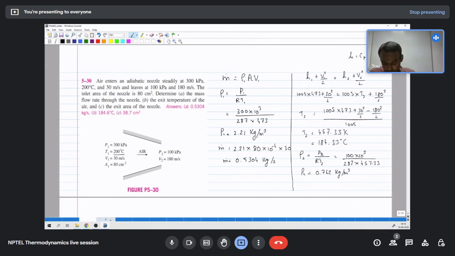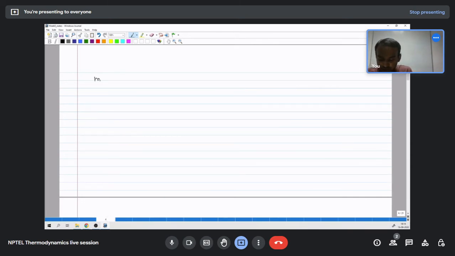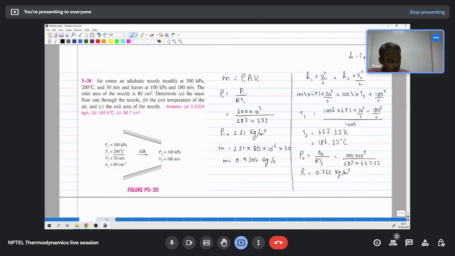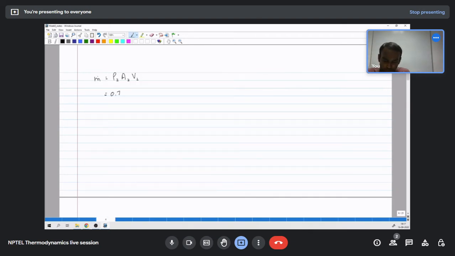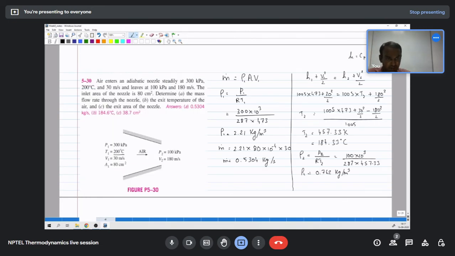So now writing the m dot equation for the exit state. M dot is rho 2 A2 V2. Here rho 2 is just calculated as 0.762. A2 is what we need to calculate, and V2 is given as 180 meter per second.